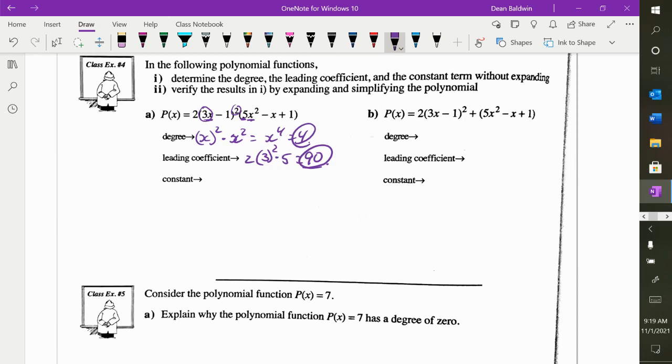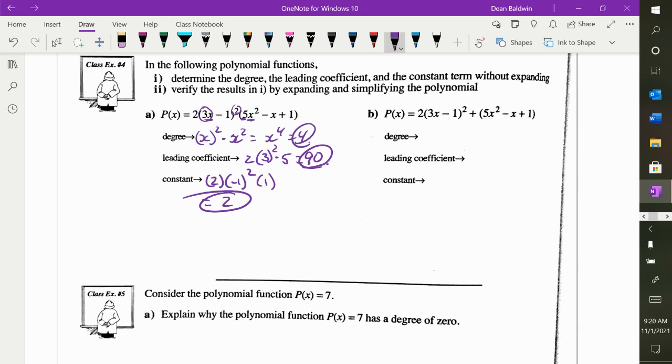2. So it's the 2 in front times this -1 squared times this 1 at the end, which is just multiply all the constant terms in the binomials, or, well, in a trinomial, I guess.